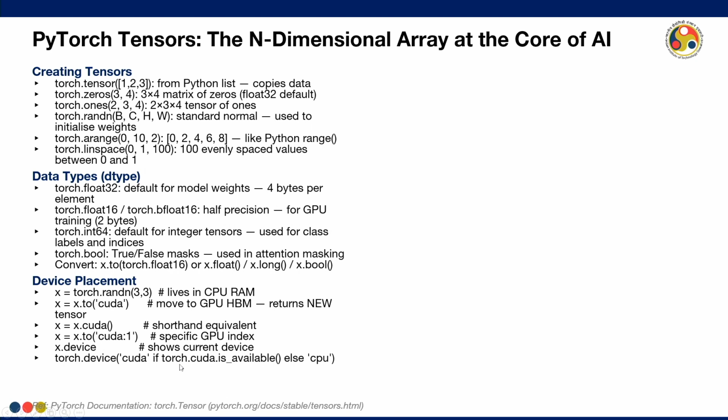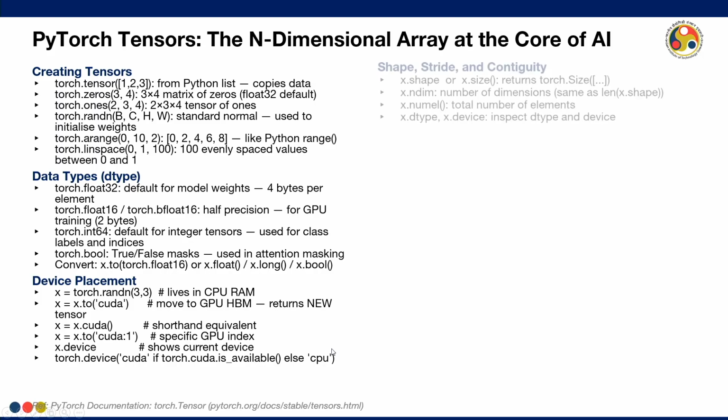Sometimes you will see torch.cuda.is_available, else CPU. This is the line of code that you usually see. It checks whether we have a GPU device, or else we use CPU as the default target of the data.